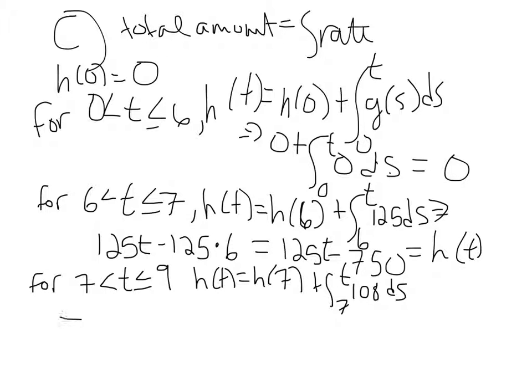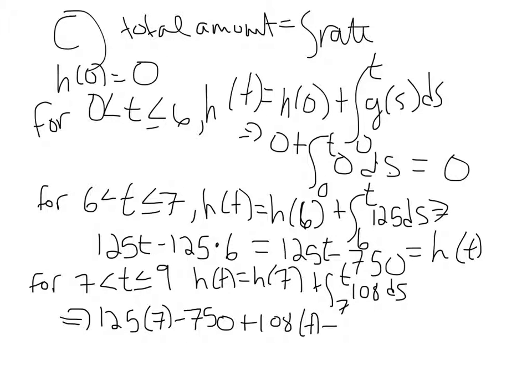So h of 7 is 125 times 7 minus 750 plus 108 times t minus 108 times 7. Okay.